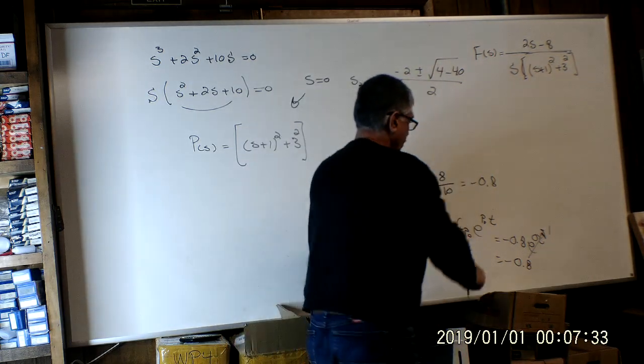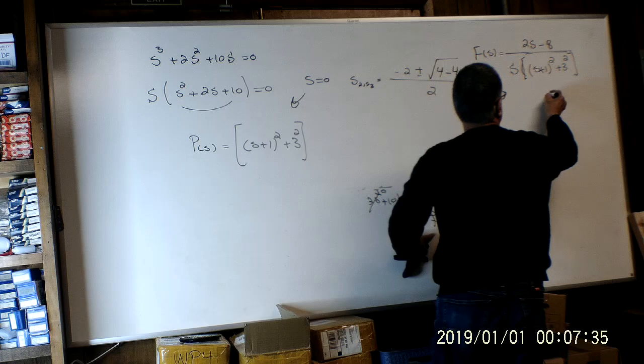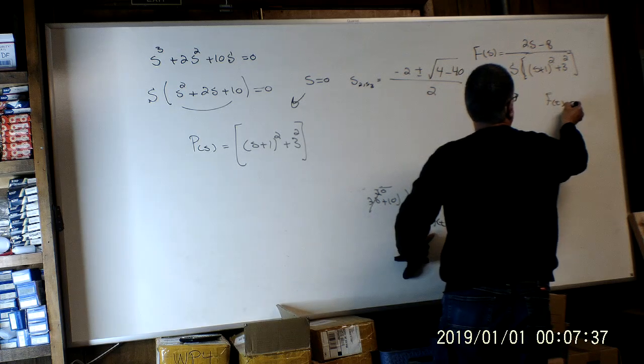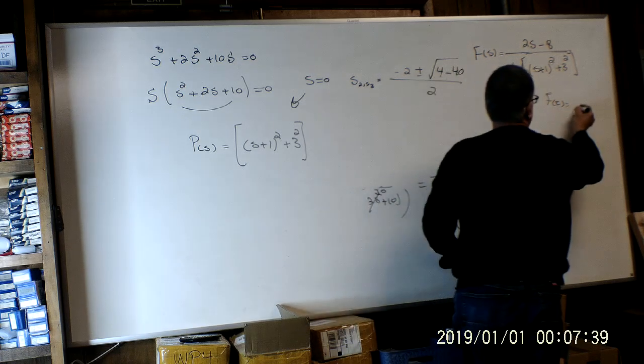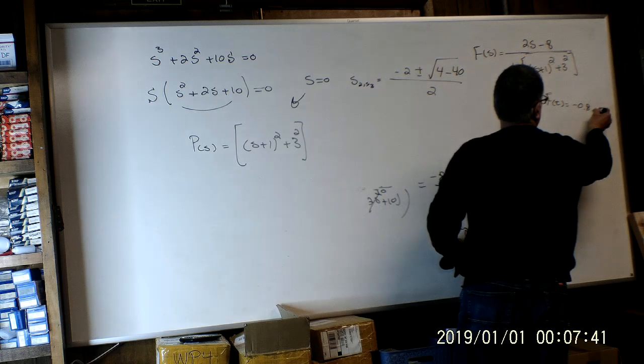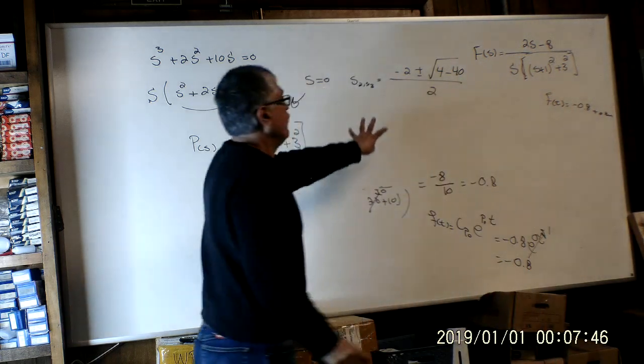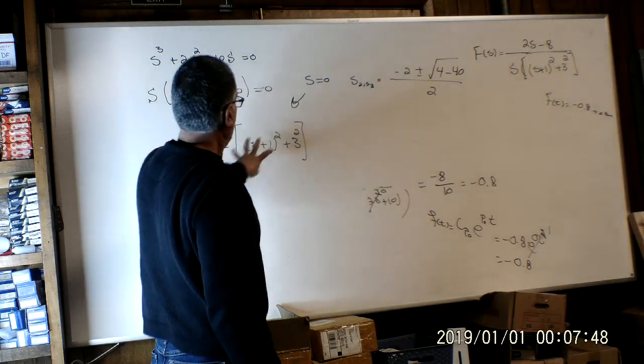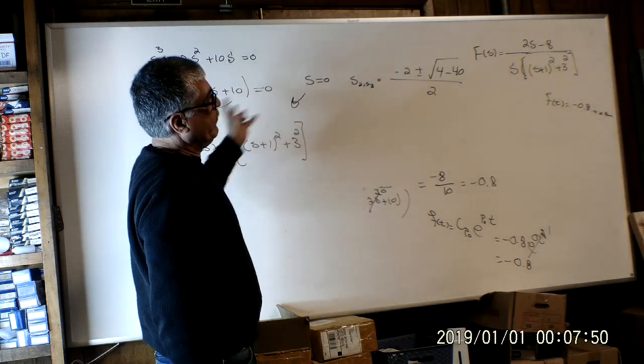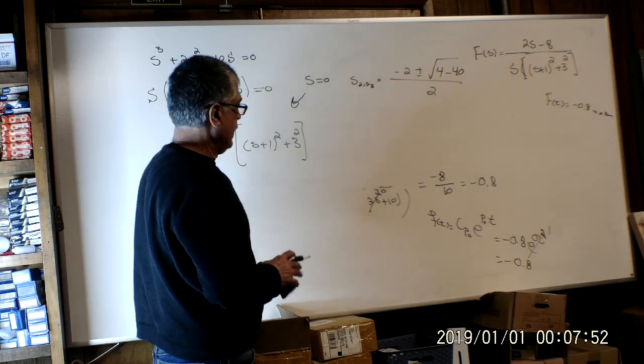So our function associated with our real pole will be equal to minus 0.8 plus other term. By other term, I mean the function associated with our complex number, which we then just add to that.